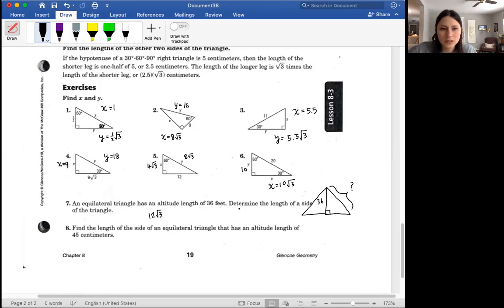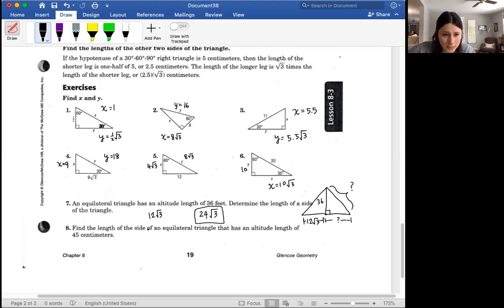And then to find the long side, right, this whole length, because what we found here is the short length, that's 12 times square root of 3 as this length here. And so to find the entire side, we double that to find this other side as well. Add them together, so that times 2, which would be 24 times square root of 3.